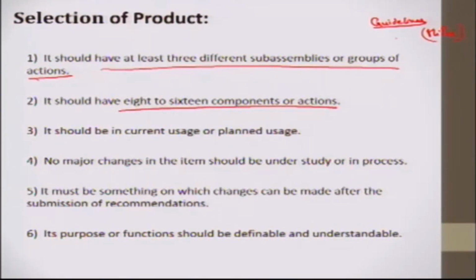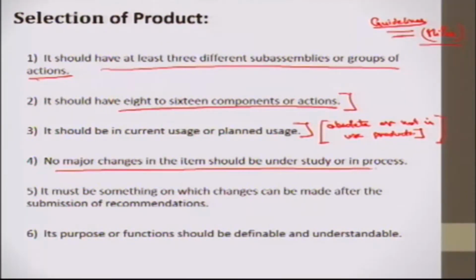These are the guidelines given by Miles, but it is not absolutely necessary that this many components have to be there. It should be in current usage or planned usage. That is, obsolete products are not recommended here. No major changes in the item should be under study or in process.